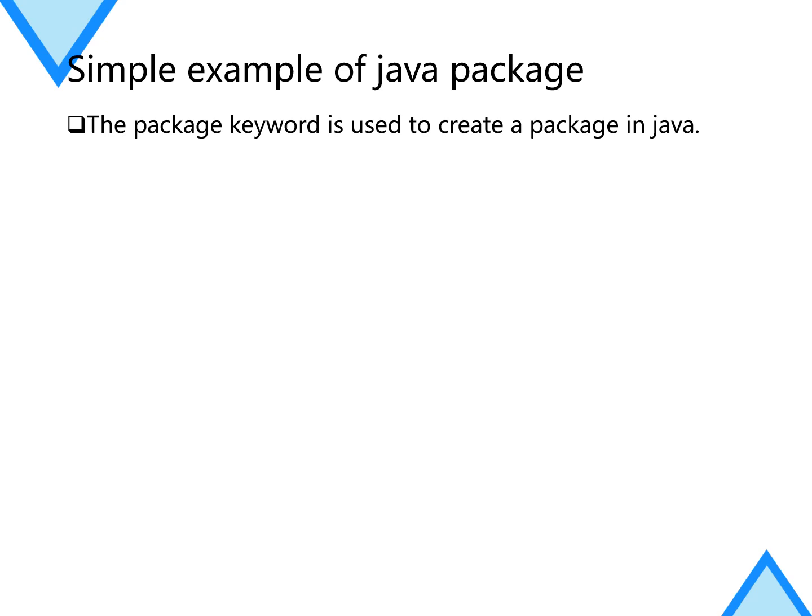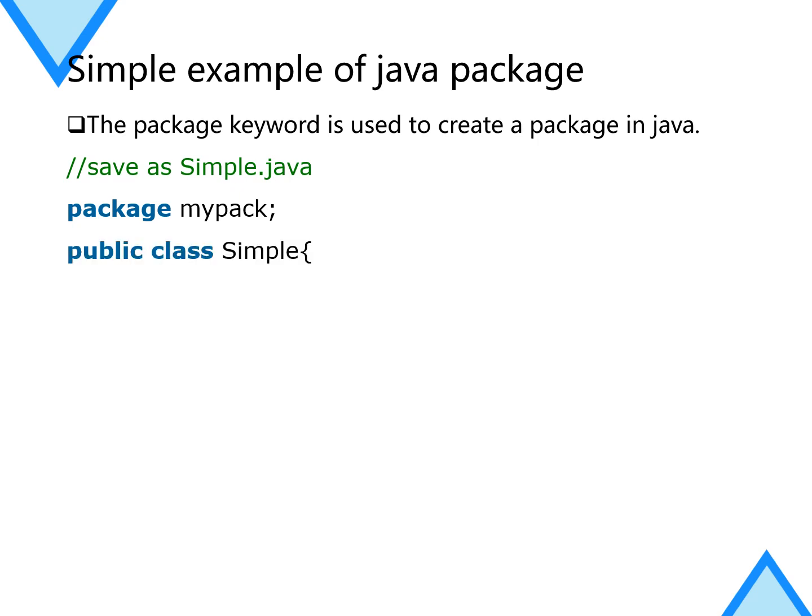Now let's see an example of a Java package. The package keyword is used to create a package in Java. For example, we have package mypack, and we have a public class. The name of the class is Simple.